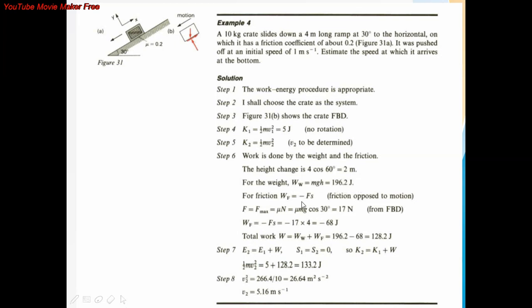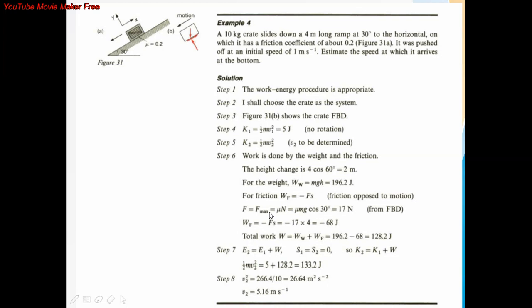Now, to find the work done due to friction, we know that it is frictional force into distance, and this is opposite to the motion, so it will be negative, right?